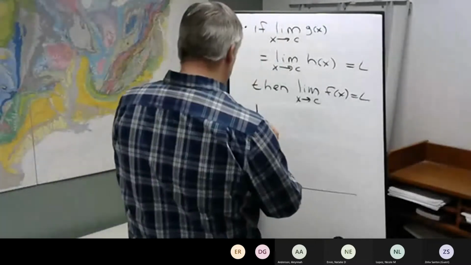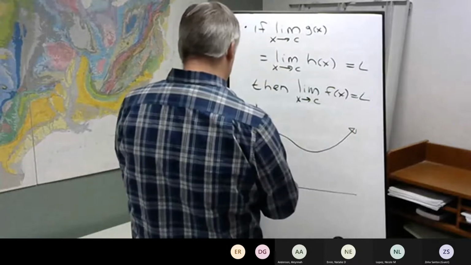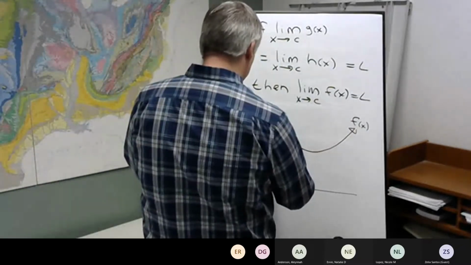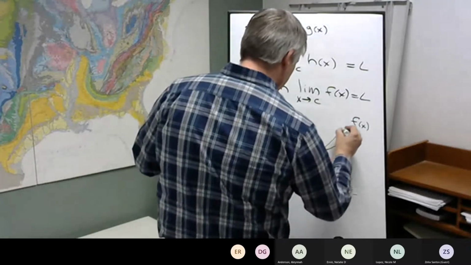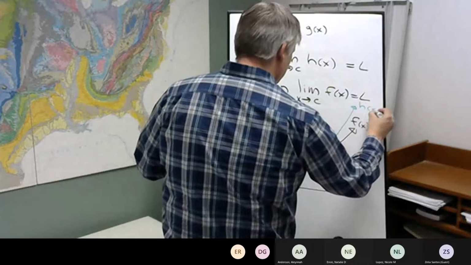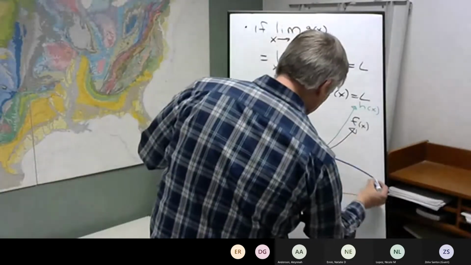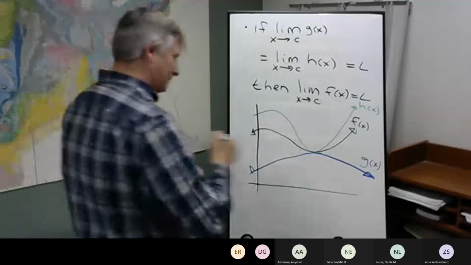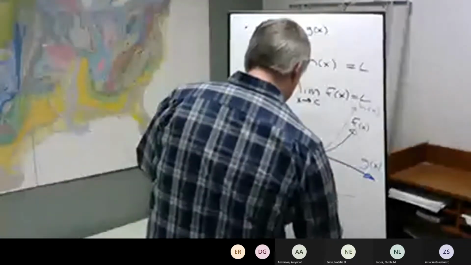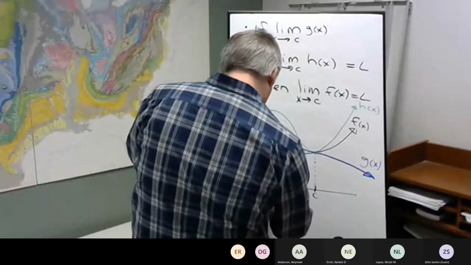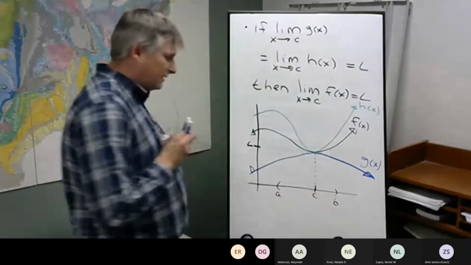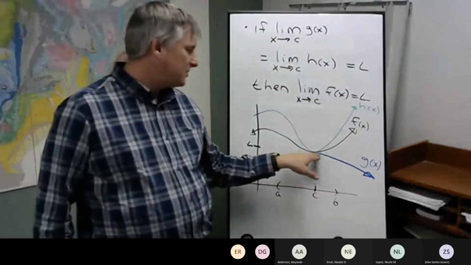So I've got a situation like this. This is the idea of the sandwich theorem: basically, these three functions are going to converge.